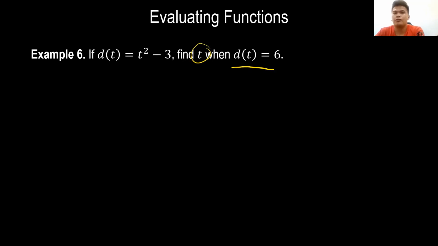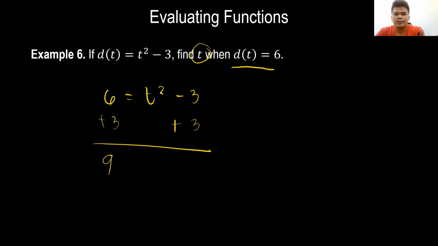Then we solve for t. So here we have 6 is equal to t squared minus 3. Then of course, we add both sides by 3 to get rid of the negative 3 here. Add both sides by 3. So this gives us 9 is equal to t squared.